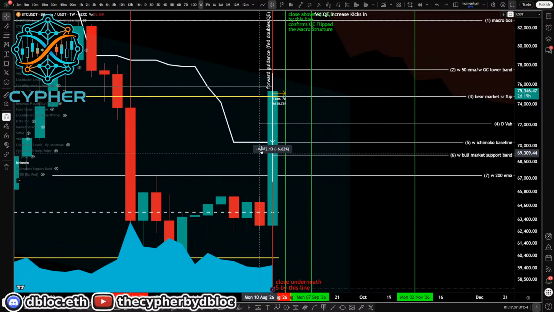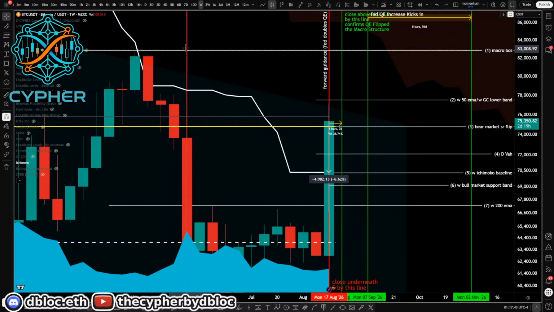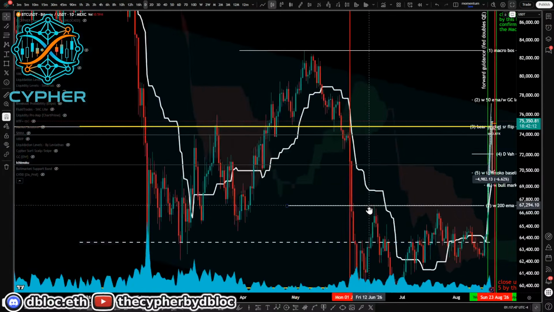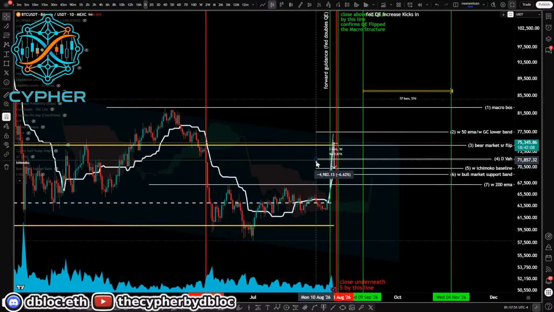Now, what makes that possible for me is this daily value area high that we're looking at. I think we might have pushed it up too. Let me push this up, and then let me put it in the middle.